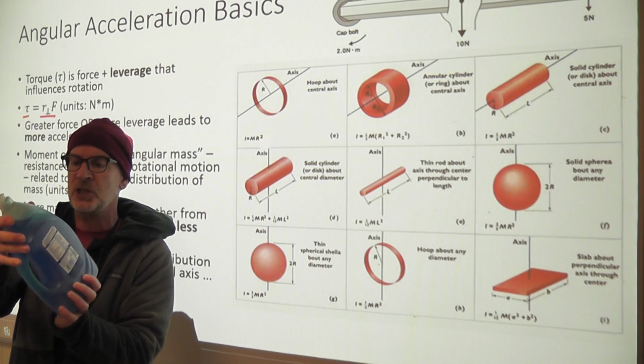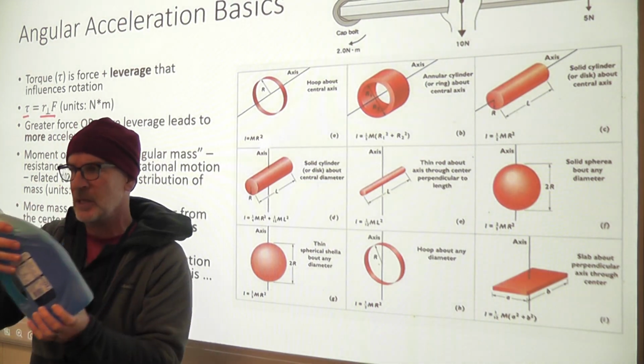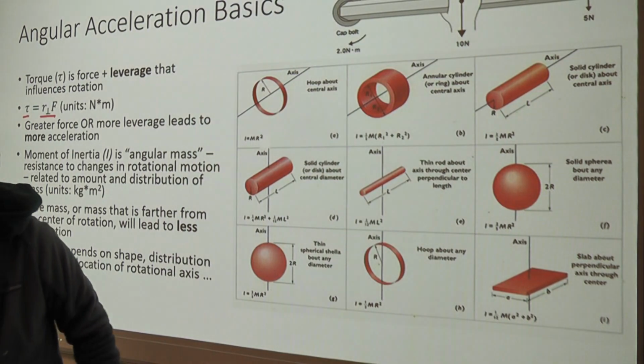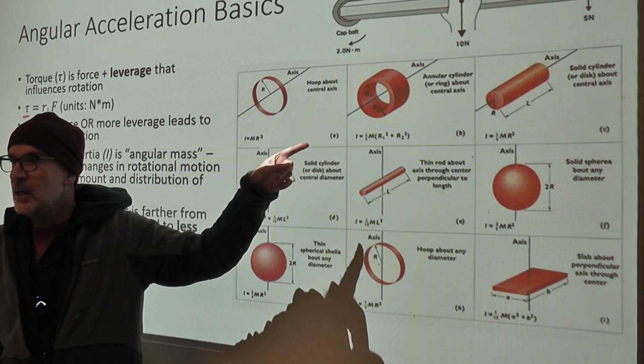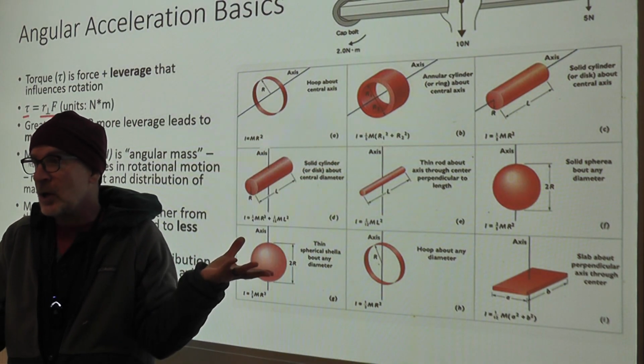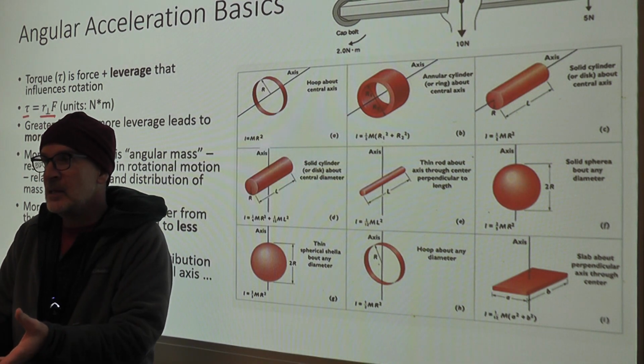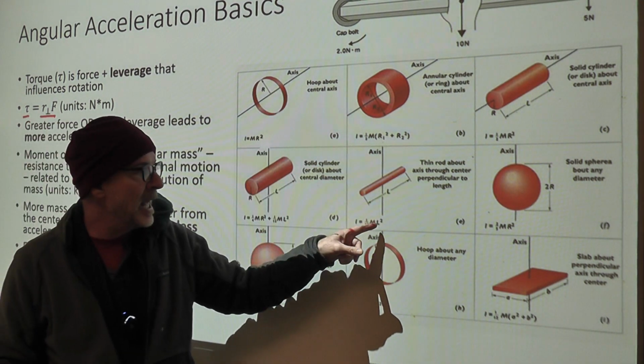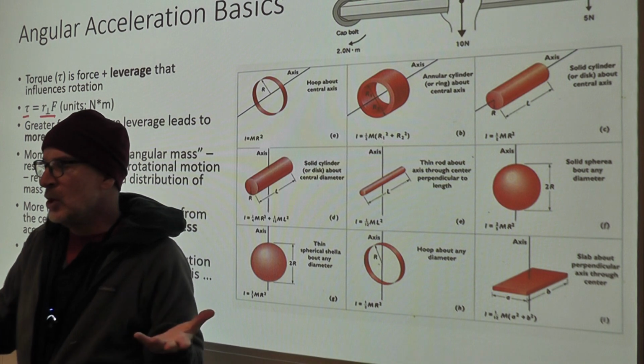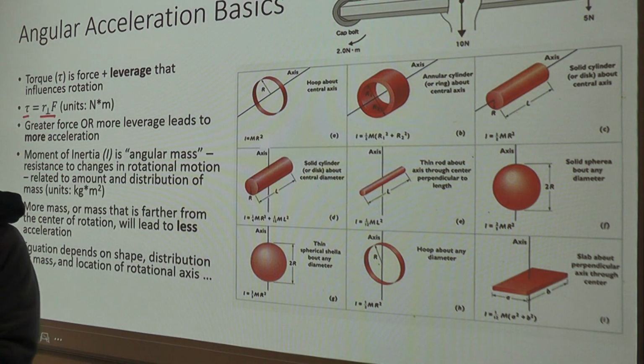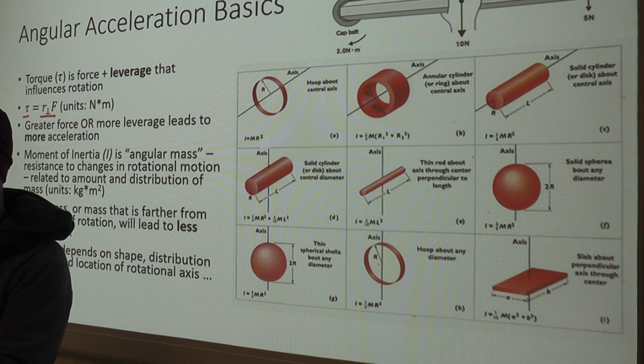It's not a uniform shape. It's got all sorts of curves and angles, and it doesn't show up in this list. I wouldn't even know what to measure here. I could measure its mass, but these all have an L and an R, and I wouldn't know what to measure. What's L? The distance from where to where? What's R? The distance from where to where? It's not obvious on this.